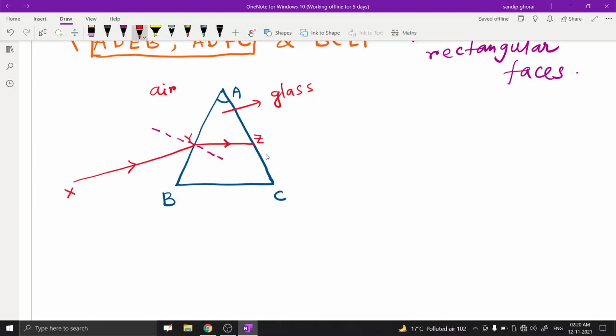Now YZ wants to travel from the glass medium to air again, that means from denser to rarer medium.